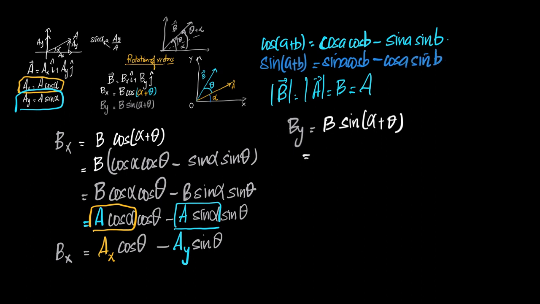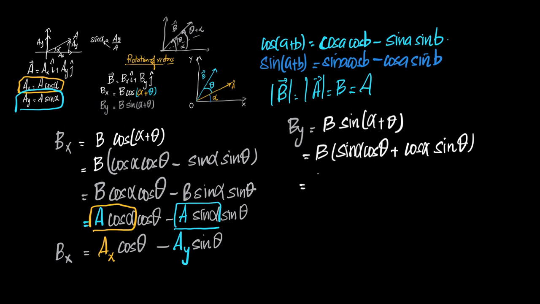And therefore, this can be written as b into sin alpha cos theta plus cos alpha sin theta.